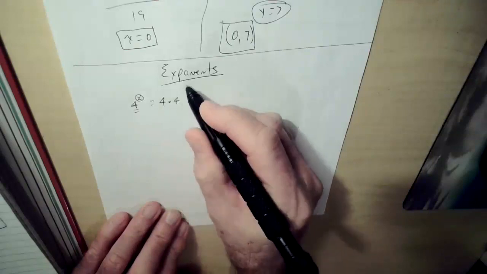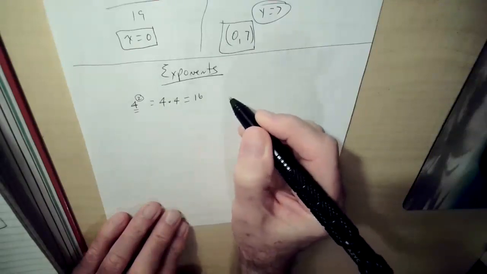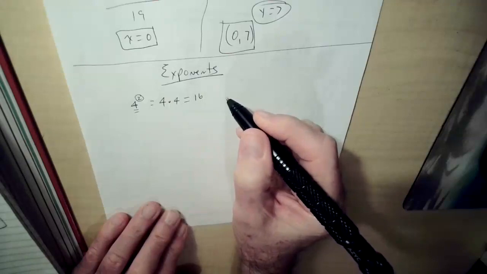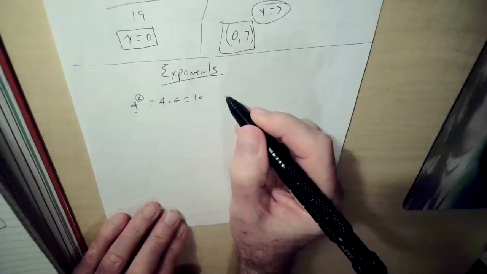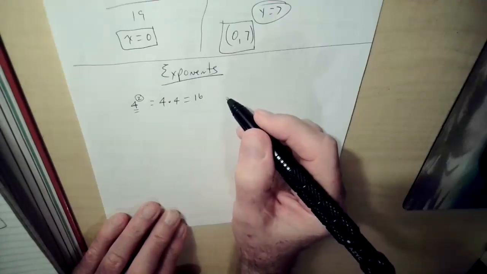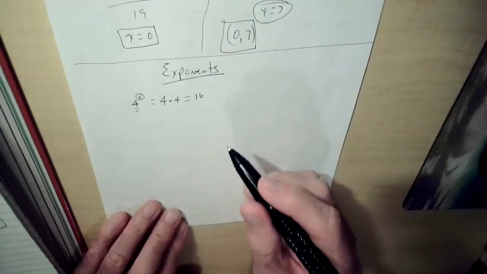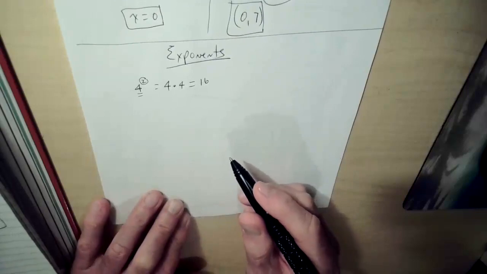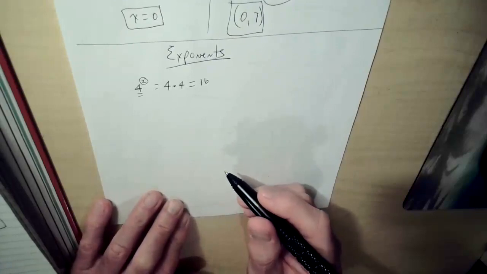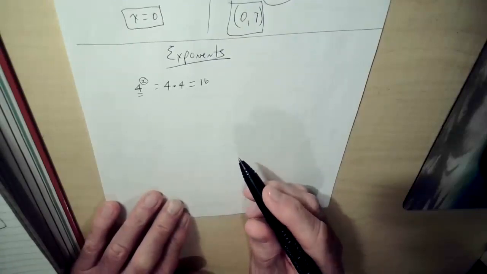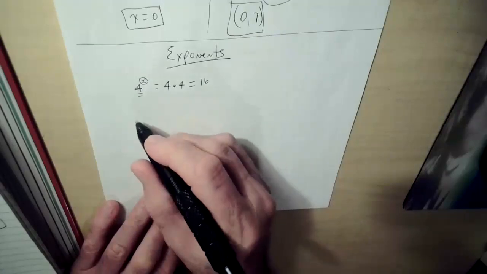As my ex-wife would say, its own self. So this is 4 times 4. That's 16. Everybody okay with that? Hopefully this is not the first time you've seen this.